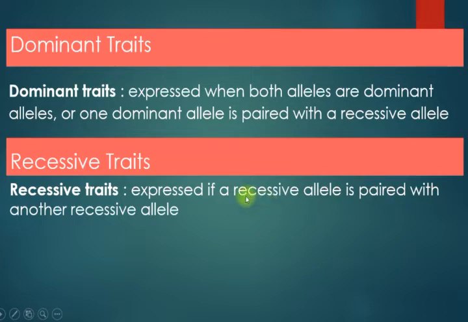If the recessive allele pairs with the dominant allele, the recessive allele will be suppressed by the dominant allele, so it cannot show its recessive trait.